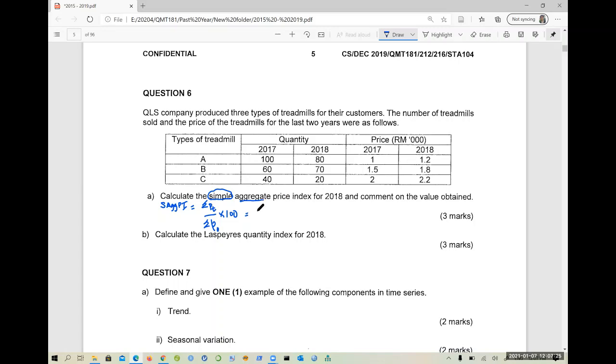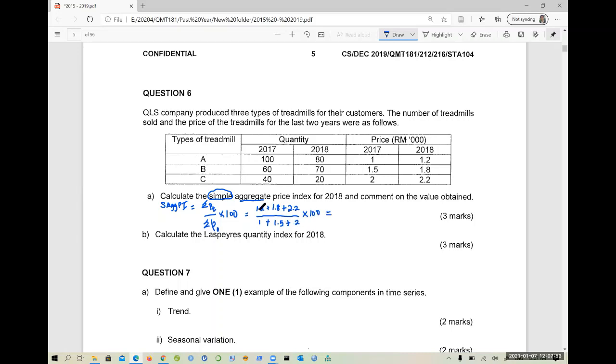So you have 1.2 plus 1.8 plus 2.2, divided by 1 plus 1.5 plus 2, and then times 100.